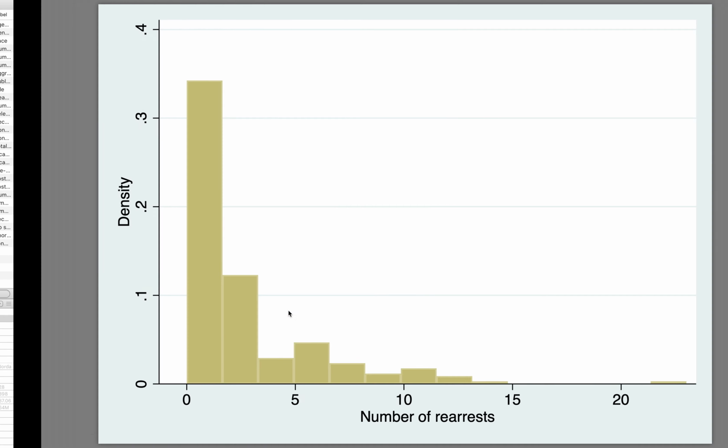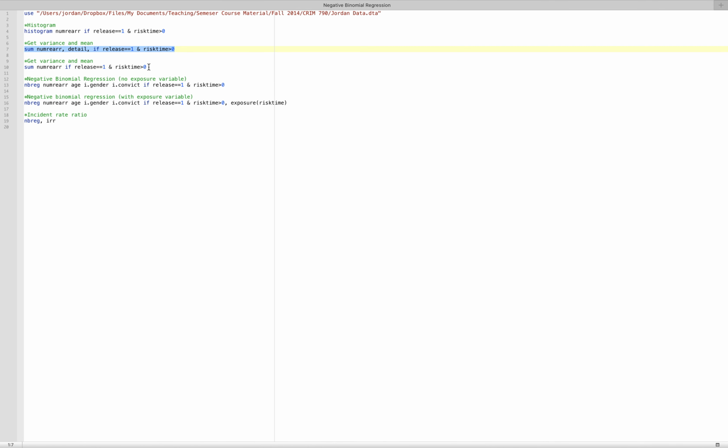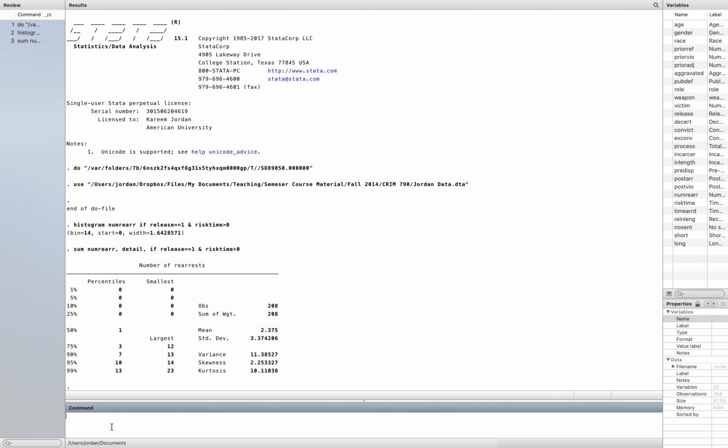Another way to look at it, if you don't want to look at all of these different numbers and values, you could just take the detail function off. The detail will give you the variance itself.